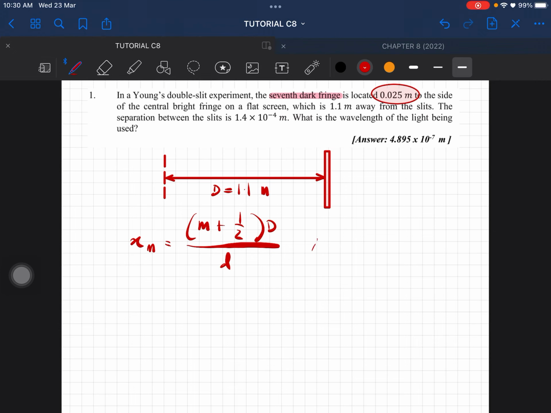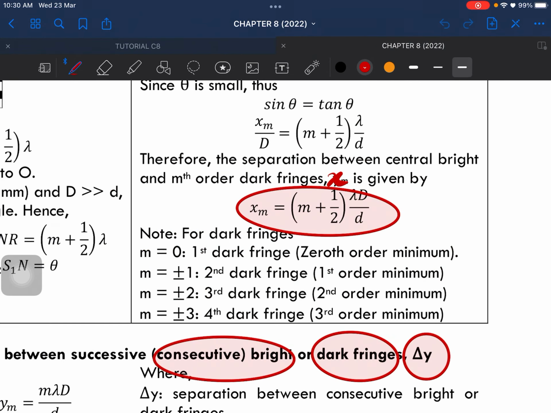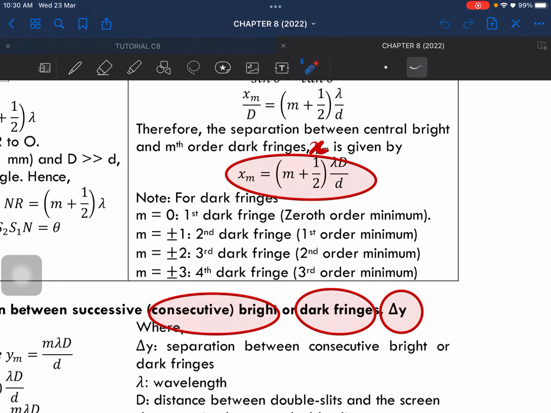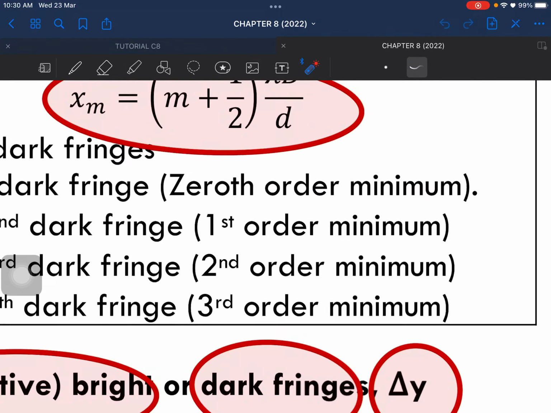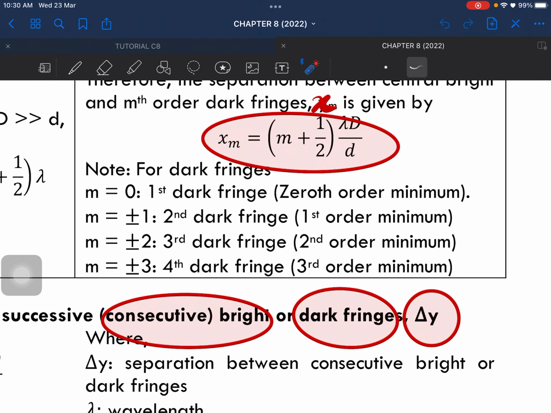Now we need to consider what order this seventh dark fringe is. If we look at the notes, the order of the first dark fringe is equal to 0. And then the second dark fringe, the order is the first one.